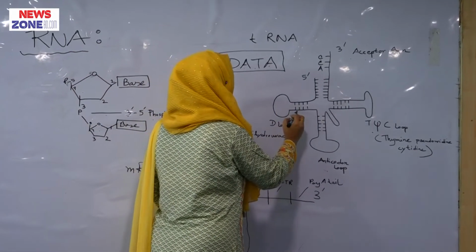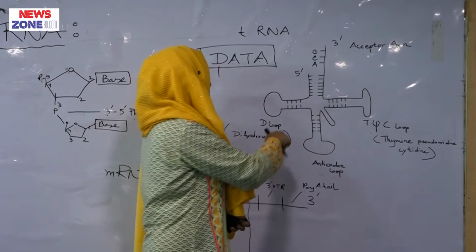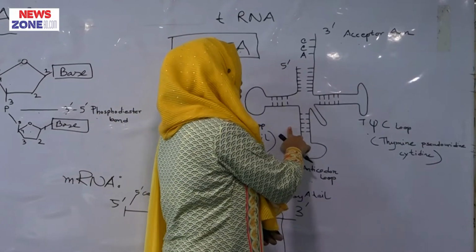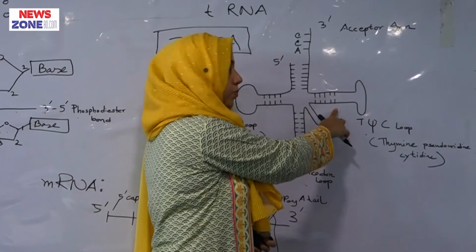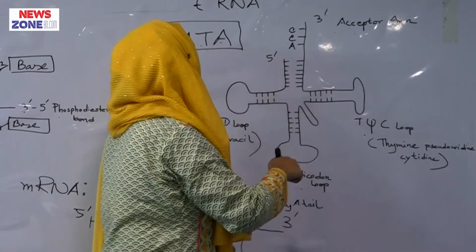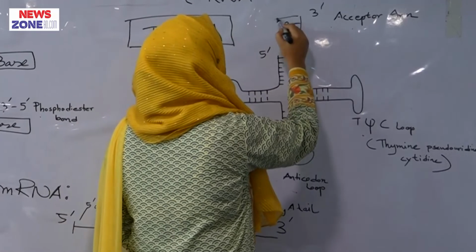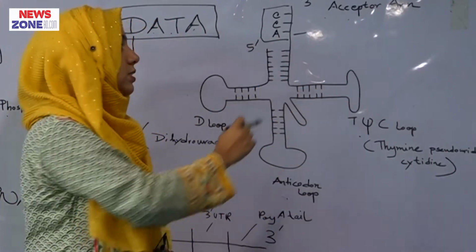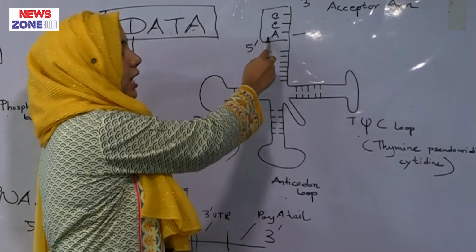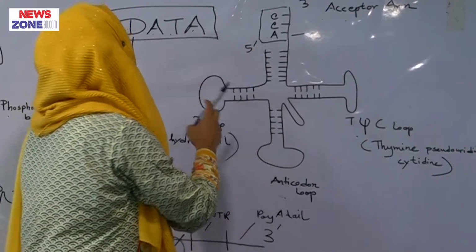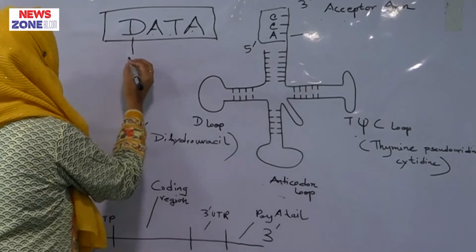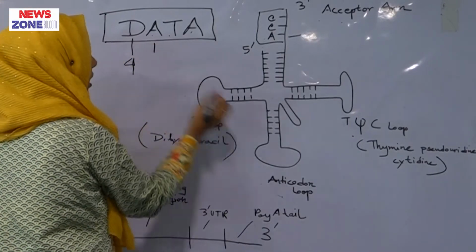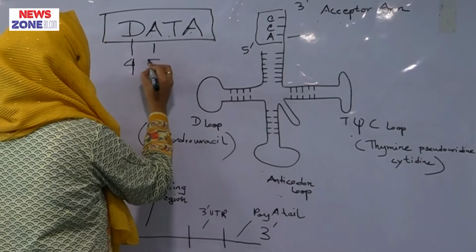In the D loop, anticodon loop, T loop and acceptor arm, there is some base pairing, and this CCA portion is known as the non-complementary region. In the D loop, there are 4 base pairs. In the anticodon loop, there are 5.